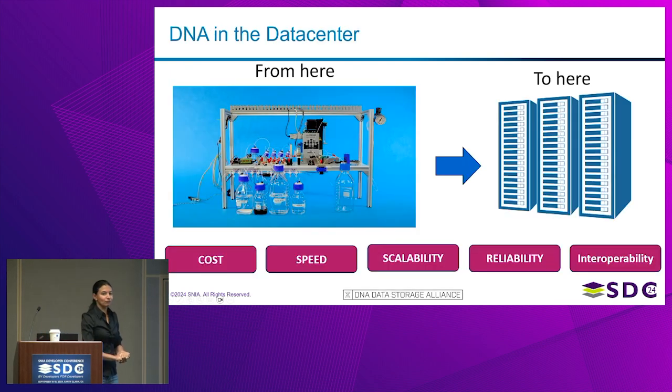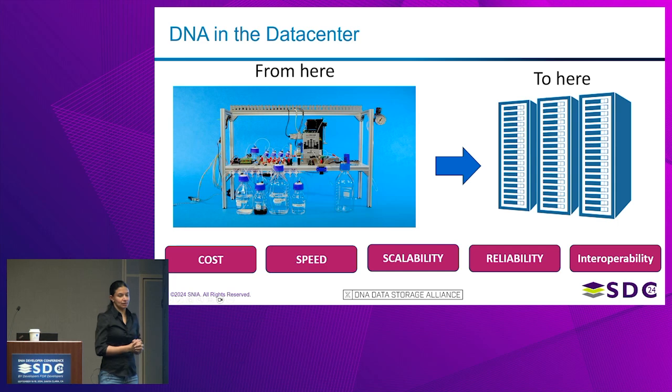So let's start from the left over here, which is essentially the lab view of where DNA data storage has been tested repeatedly, which is essentially storing the data and being able to retrieve and check for errors and quality. From there, we are looking to transition to the right side, which is the rack kind of equipment that we know in the data centers.